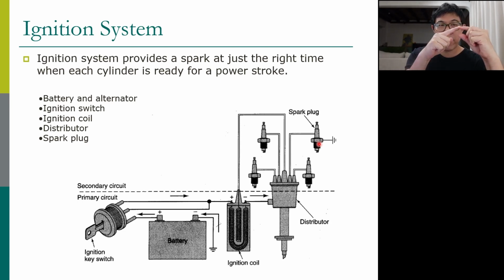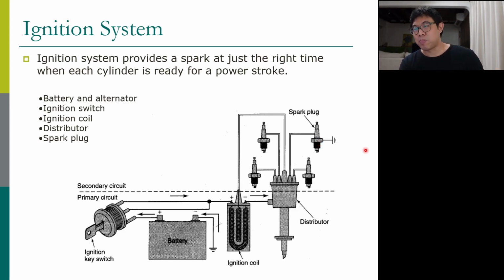You have one metal and the other metal, and you provide high electrical voltage to one of the electrodes. When you provide that, you can create a spark, a spark in the air.